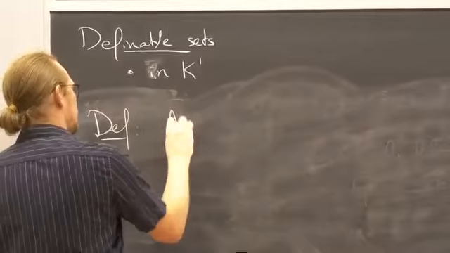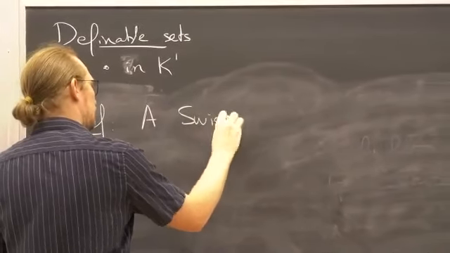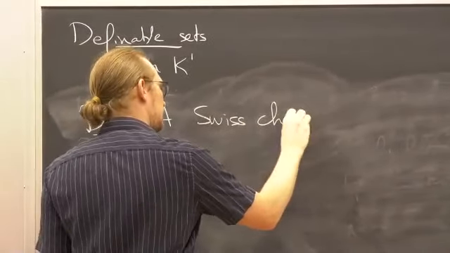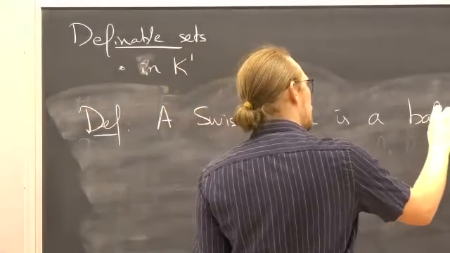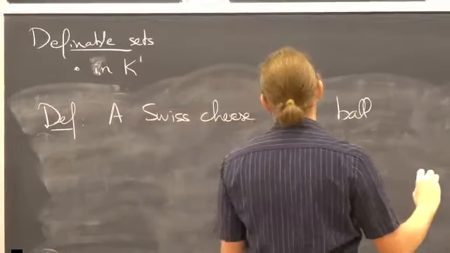So a Swiss cheese is a ball minus a finite set of balls.